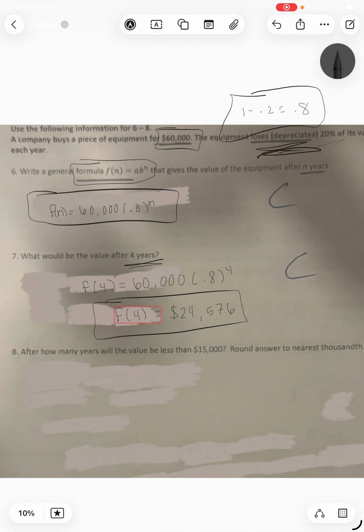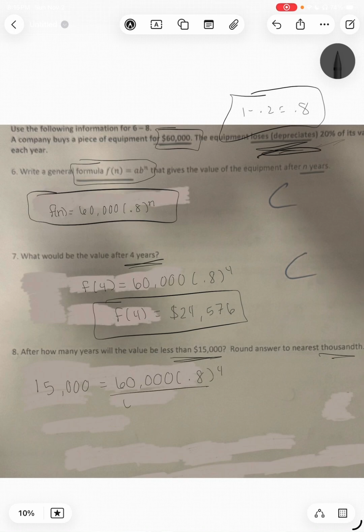And then after how many years will the value be less than 15,000? Round your answer to the nearest thousand. Okay? So we set our equation equal to 15,000: 60,000 times 0.8 to the power of n.